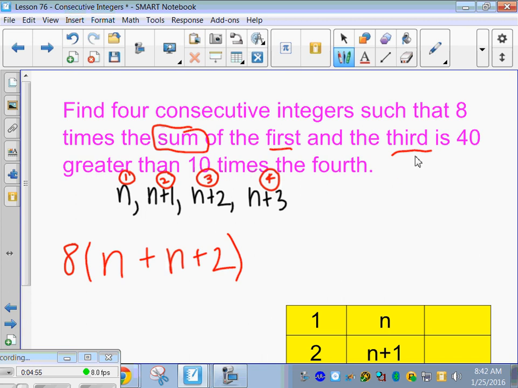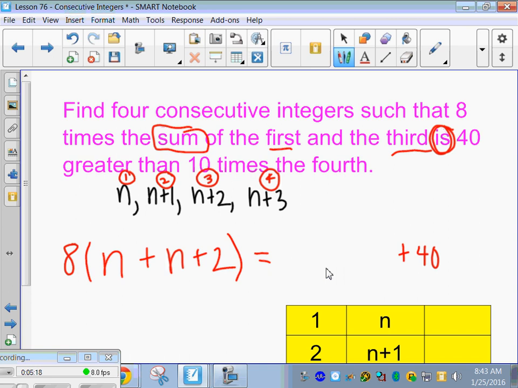All right, now we've got is. Leah, what does is mean? Good. Is 40 greater than 10 times the fourth. Whenever you have greater than or less than, it goes after whatever is next in the sentence. So for 40 greater than, we're going to put a plus 40, but I'm leaving a space because it goes after whatever the rest of the sentence says.